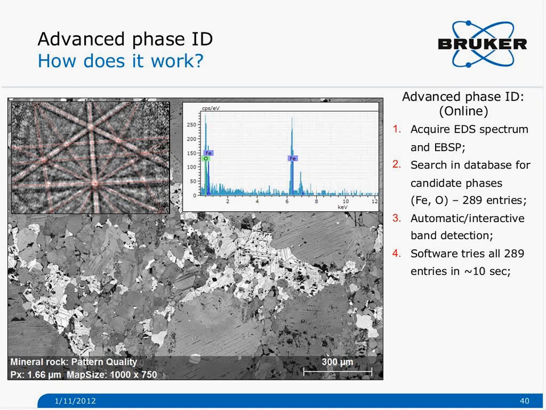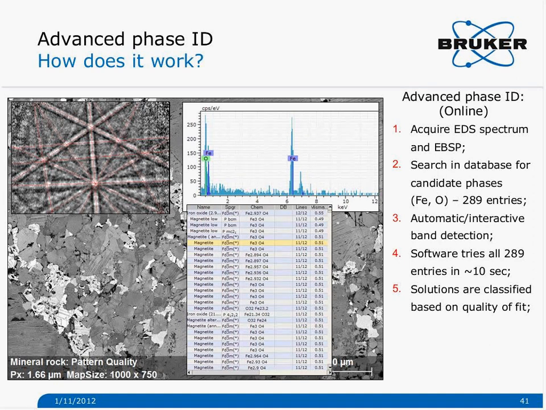As a result of testing all these entries, the software will produce a table with all the solutions found, and these solutions will be classified based on quality of fit. And the quality of fit is given by 2 parameters.